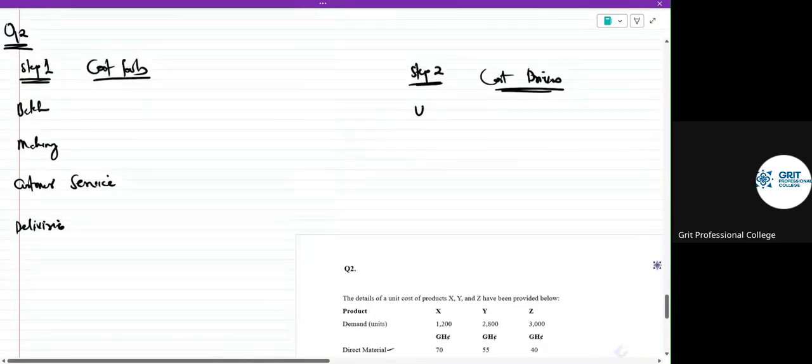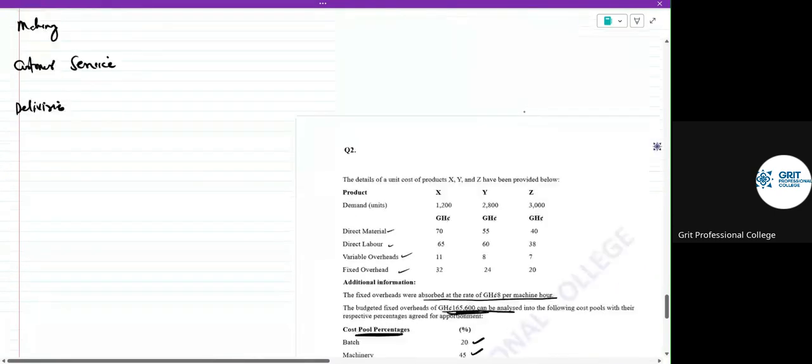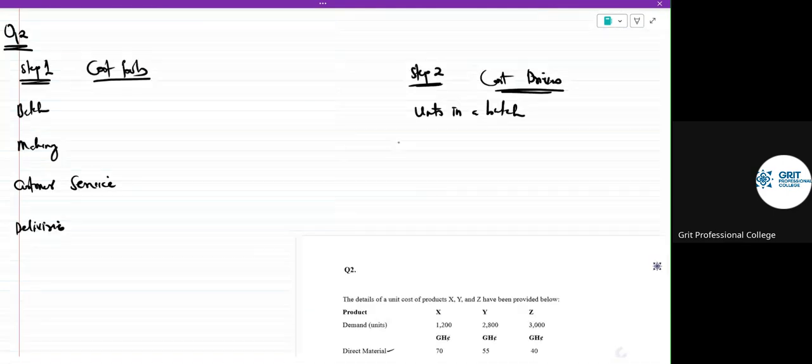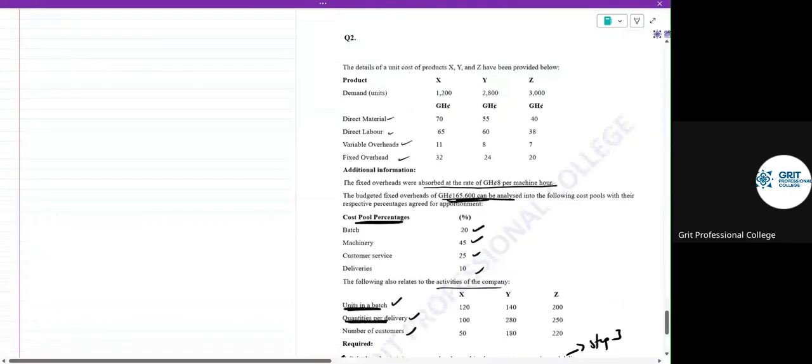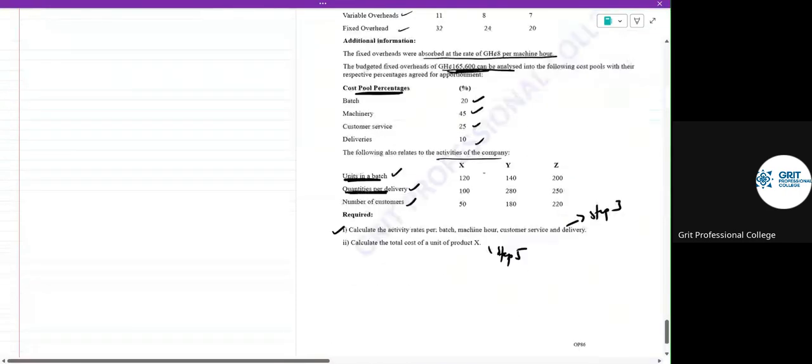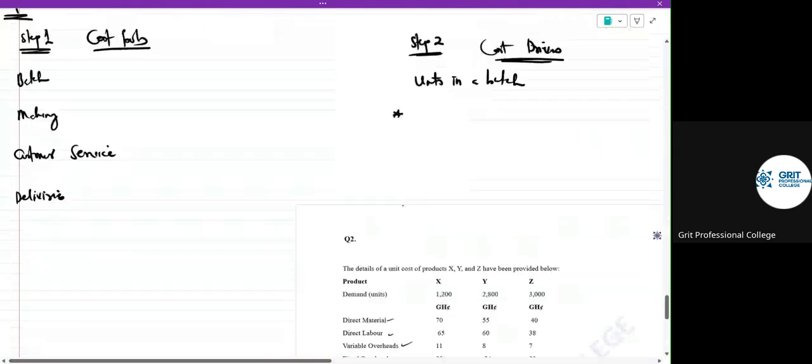Machinery: they've given us only 3 cost driver data, so where will we get it from? Don't worry, we'll come to it very soon. Let me put an asterisk here. The next one is customer service. We have number of customers here, so let me put it here.